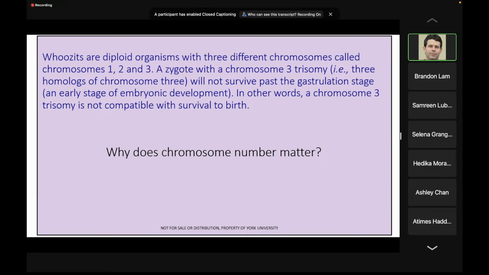Now, what about having an extra copy? Now we're not talking about haplosufficiency, insufficiency. Never mind that, because we have 3 copies. Why might that be a problem?